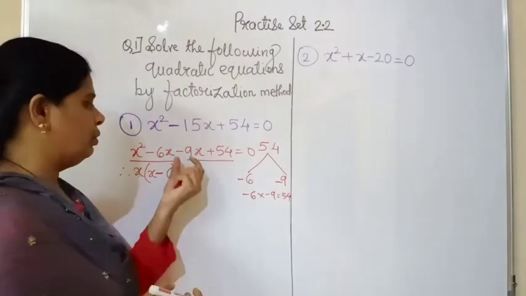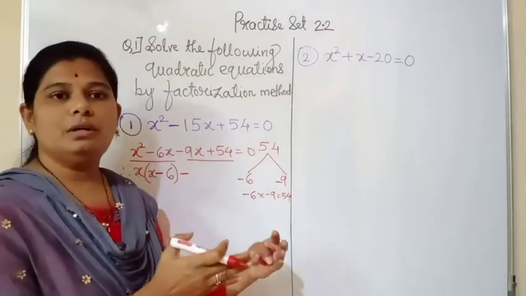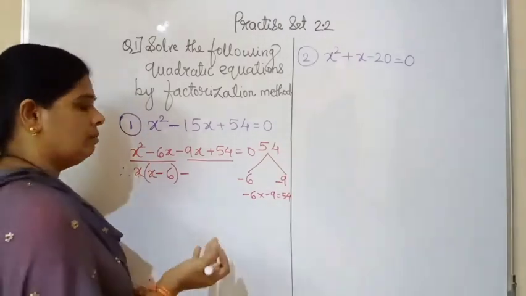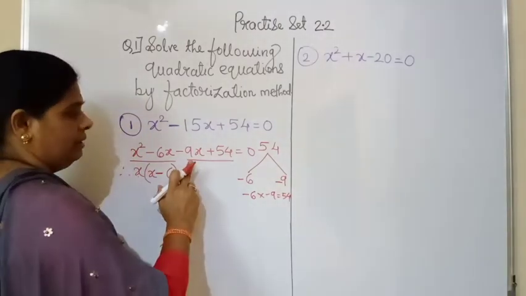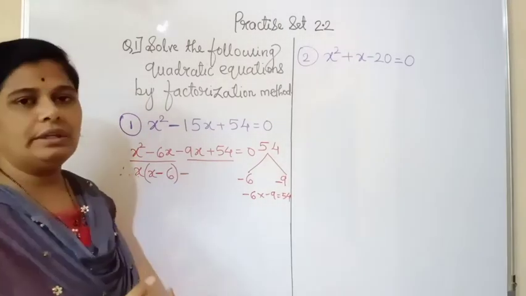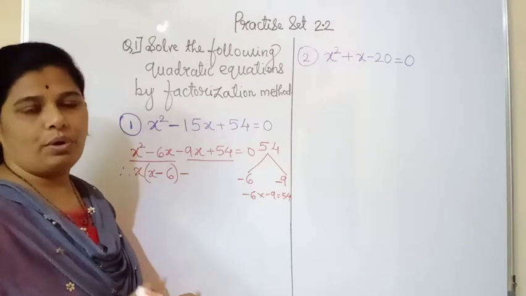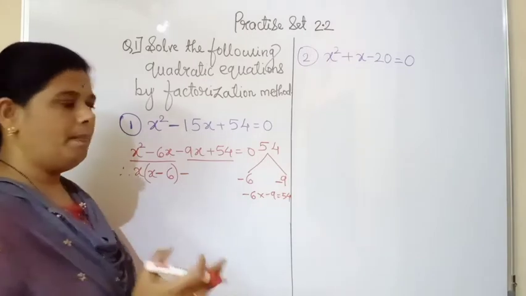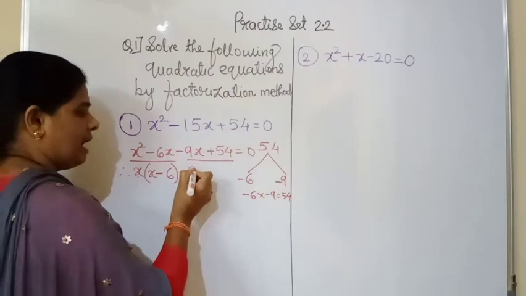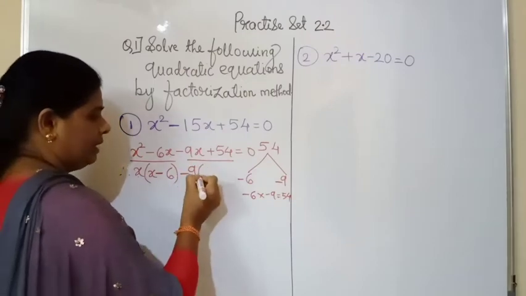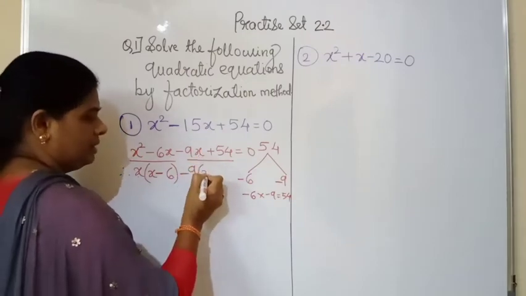So what do we have to do? We have to move towards the numbers now. See now, 9. In the table of 9, all of you know there is 54. Okay, so 9 sixes are 54. So we can take 9 as a common factor. Then what will remain inside? This x.